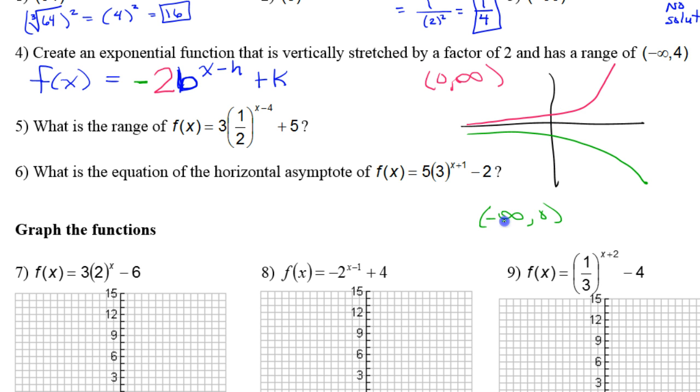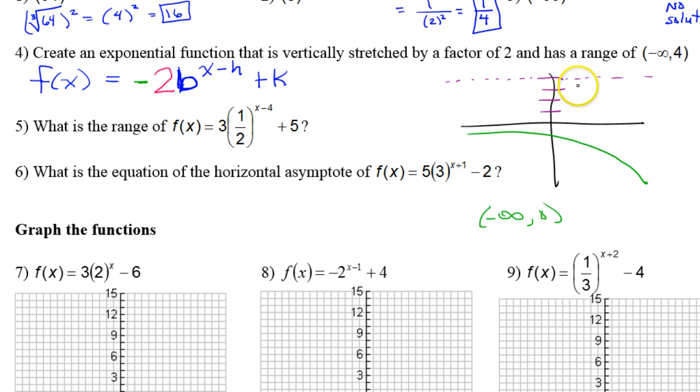But what else? Like I said, right now it's going from negative infinity to 0, but it's supposed to go from negative infinity to 4. So we need to make an additional change. So 1, 2, 3, 4. The asymptote must be up here.